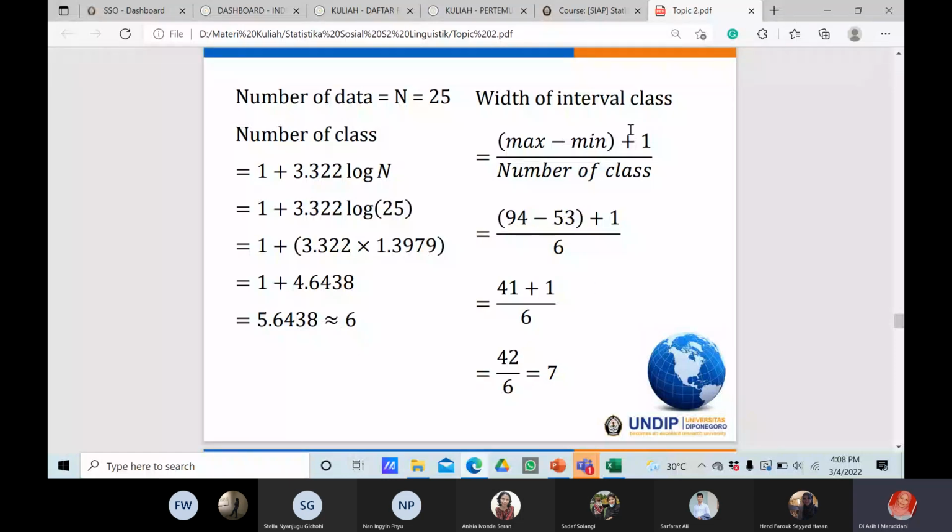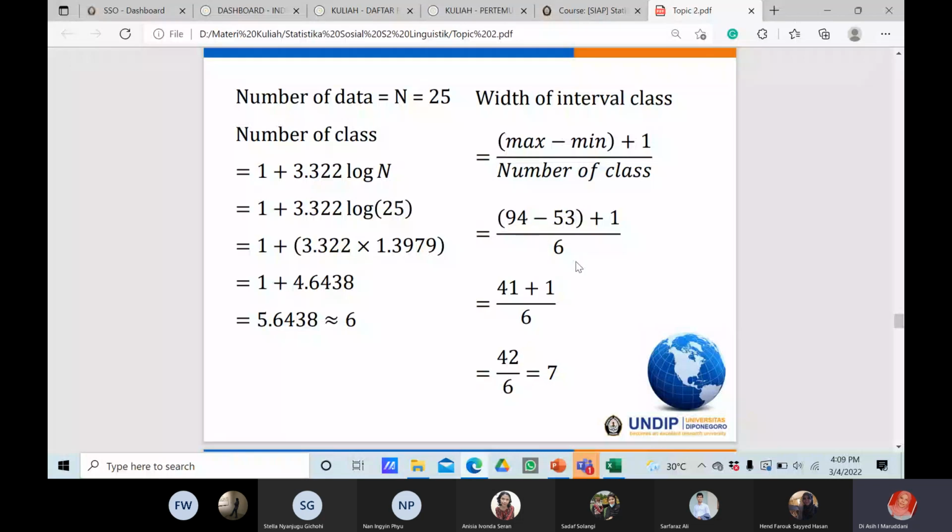Okay, and the width of interval class using this formula: maximum value minus minimum value plus 1 divided by number of class. The maximum value is 94. The minimum value is 53, plus 1, divided by the number of class. The number of class is 6.